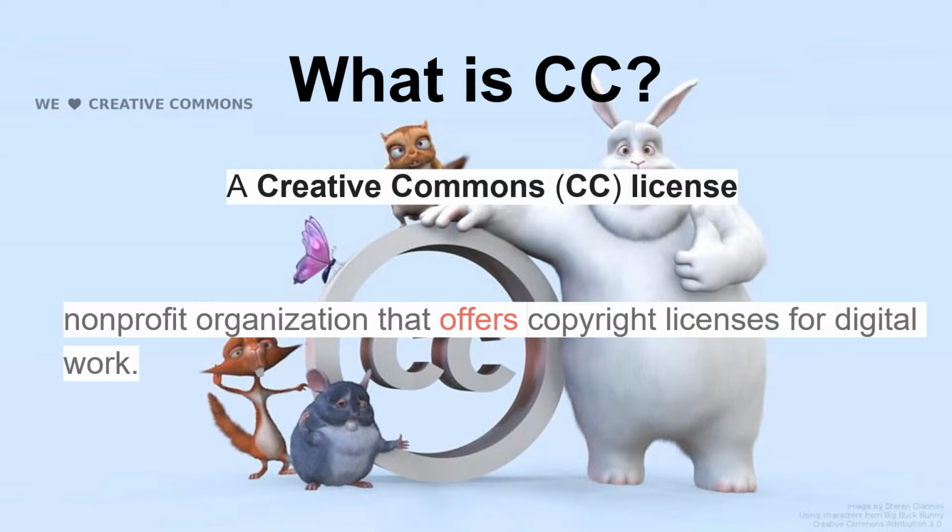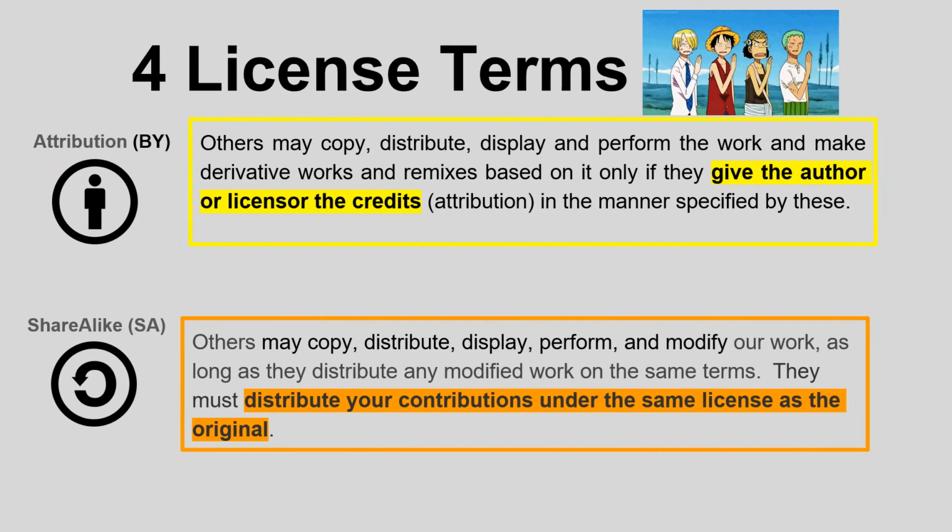A CC license is used when a copyright owner wants to give other people the right to share, use, and build upon a work that they have created. Like I mentioned before, a CC license allows a copyright owner to give default rights to copy, distribute, display, and perform their works.